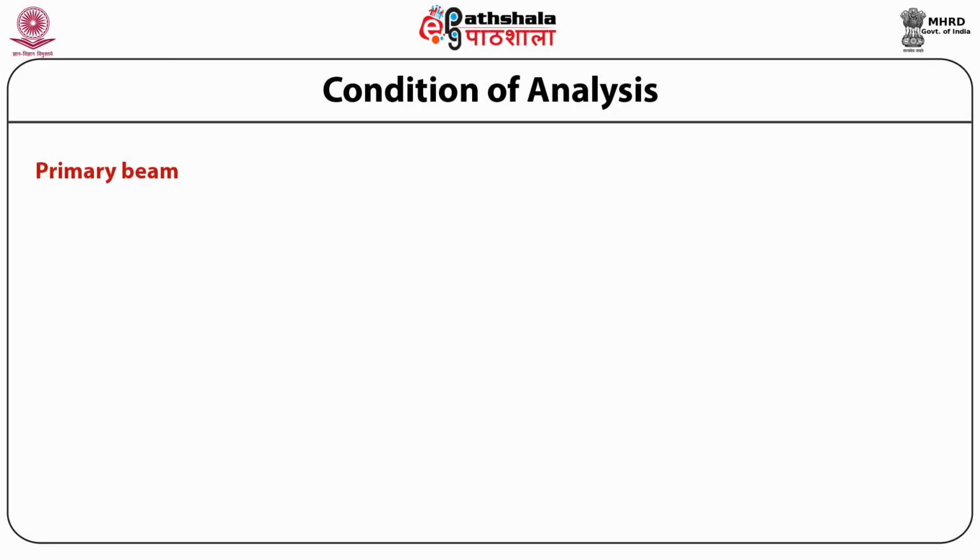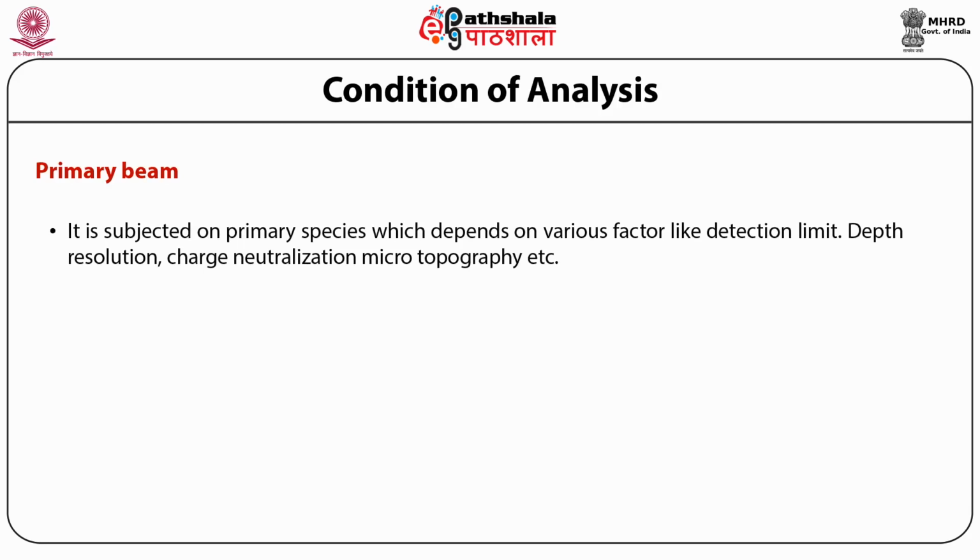Primary beam. What is the primary beam and in what ways it is used are given here. It depends on the primary species, which depends on various factors like detection limit, depth resolution, charge neutralization, microtopography, etc. Commonly used primary beam species are O2+, Cs+, xenon+, and gallium+.